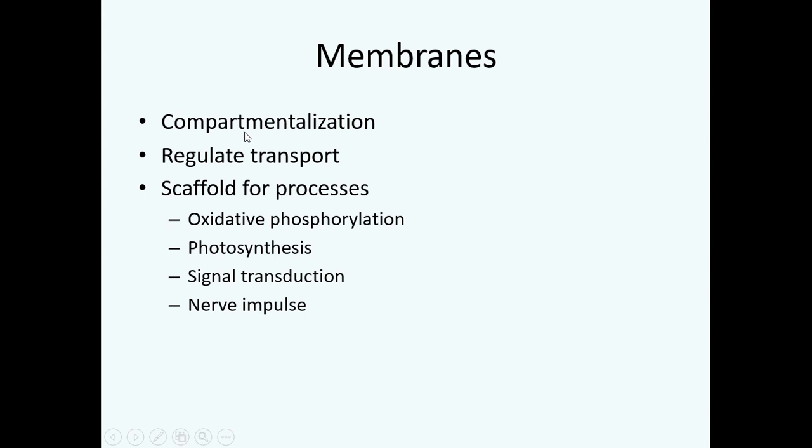Different regions of the cell carry out several different types of processes. The membranes surrounding those organelles, those different compartments or regions of the cell, are going to partition the cell into several different compartments.